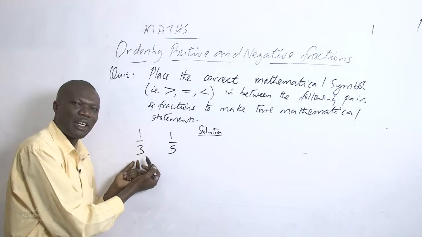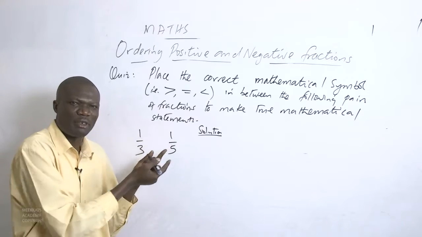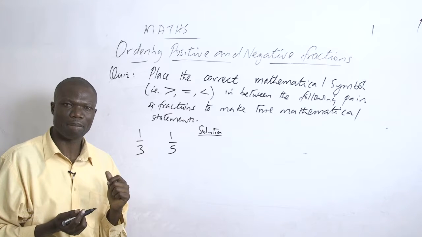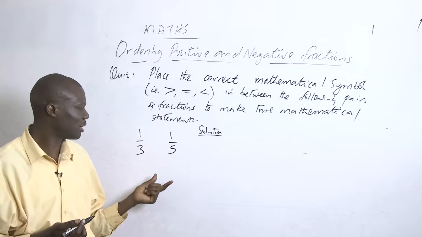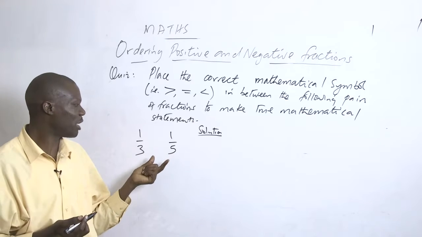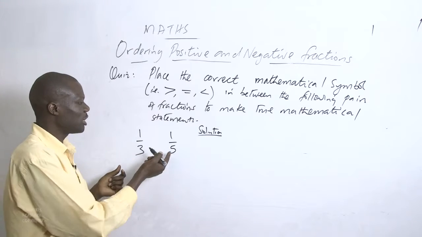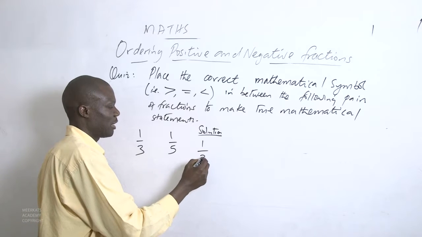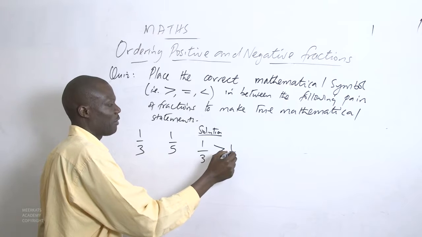When 1 is divided into 3 pieces and 1 is divided into 5 pieces, which one is smaller? You will find that definitely 1 divided by 5 becomes the smallest. So I'll expect our sign to say that a third is greater than a fifth.